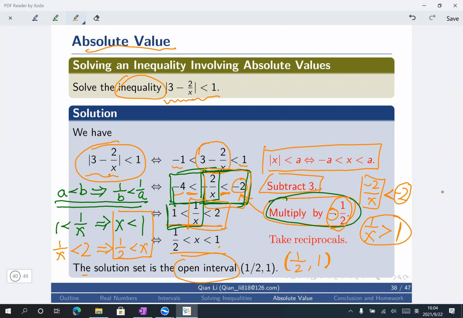If we draw this on the real line, this is 0, this is 1/2, and this is 1. All the solutions between these points are the solutions, and these are open circles. So this is the picture for this interval.